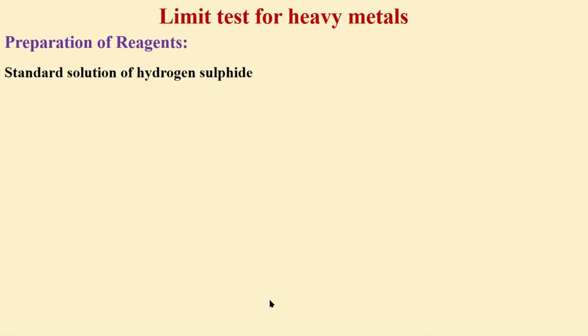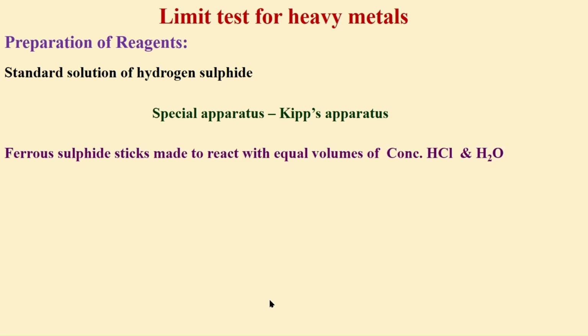The standard solution of hydrogen sulfide is prepared by using a special apparatus which is named after the scientist who gave it. It is called a Kipp's apparatus. In the Kipp's apparatus, we take ferrous sulfide sticks and react them with equal volumes of concentrated HCl and water.